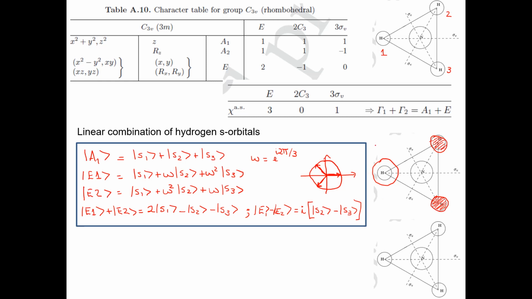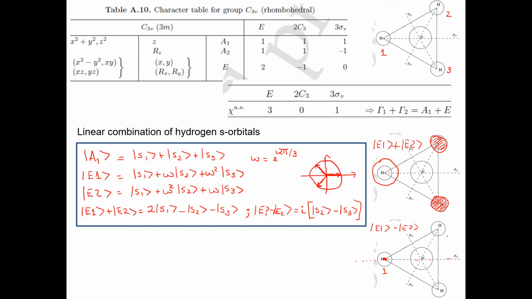This is the state E1 plus E2, and the state E1 minus E2 is s2 minus s3, so it has a node here. The probability of finding the electron on atom 1 is 0, which we symbolize as a small dot.